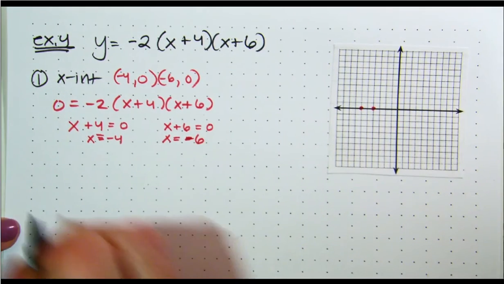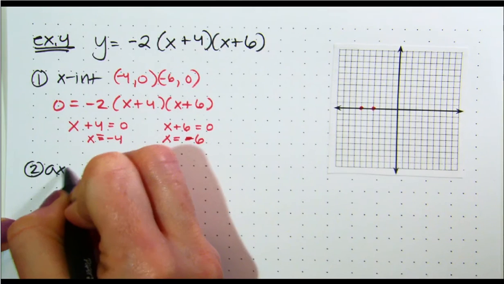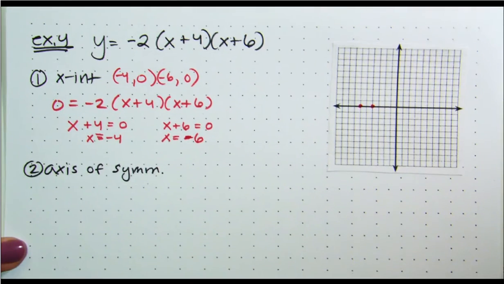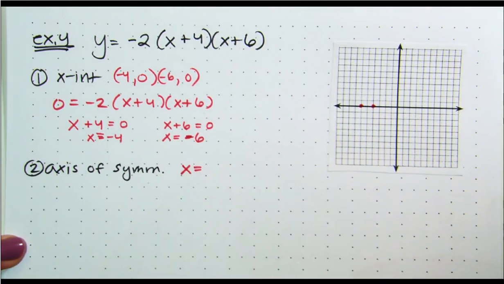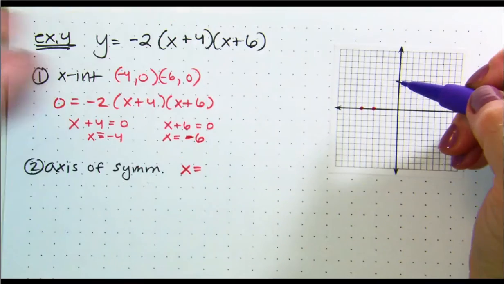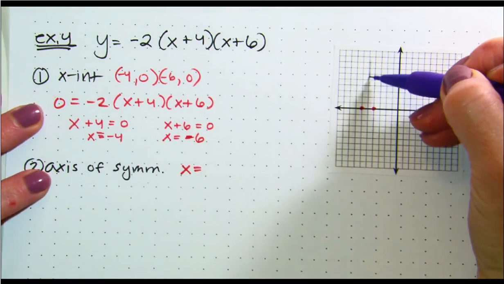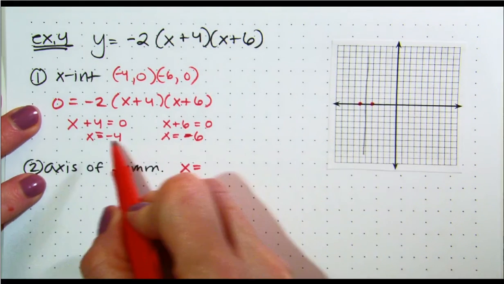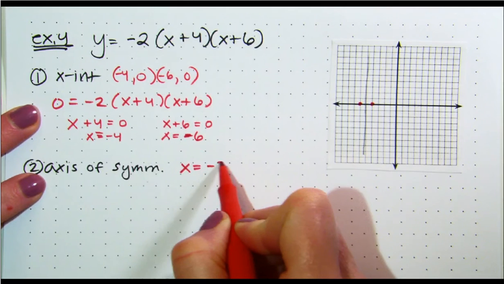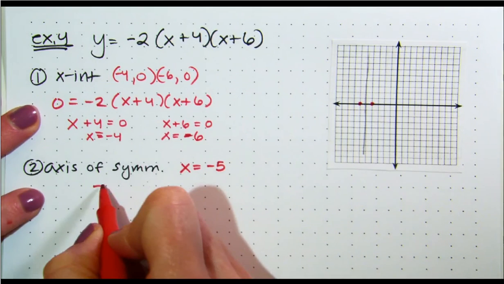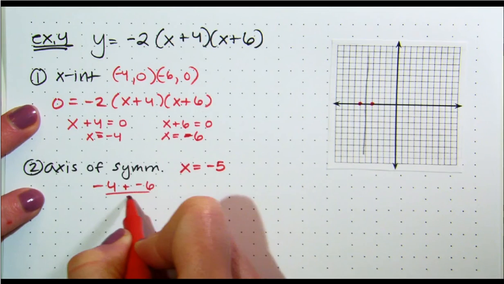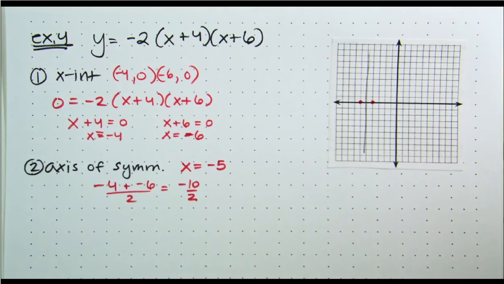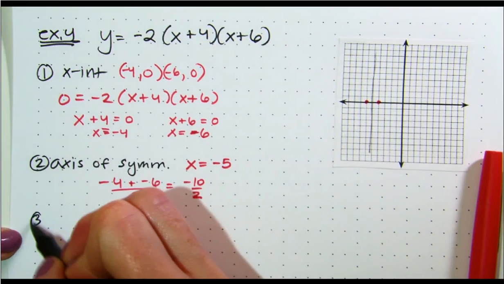Now for the axis of symmetry, I know it's going to be x equals the number in between those two, right? In between negative 4 and negative 6 is negative 5. If you want to do the math, it would be negative 4 plus negative 6 over 2. Negative 10 over 2 is negative 5. Number 3, the vertex.